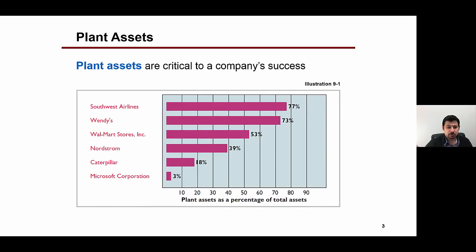They have hangars where they can store airplanes, and they also have all the material that goes with that. Compare that to a company like Microsoft, which is a software company, and as a result, Microsoft's main product is not their plant assets. It's mostly intangible assets due to the kind of virtual products that they sell.